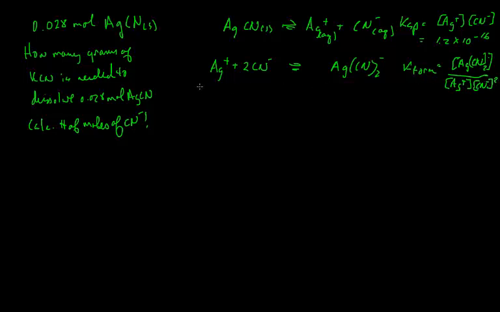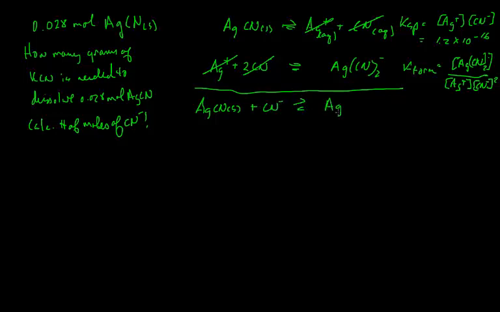Okay, and we can combine these two equilibria, and we can combine these two equations as well. So if we combine the equilibria, the silver would cancel out, cyanide would cancel out with one of the cyanide ions down here, and so you'd have silver cyanide solid plus cyanide ion in equilibrium with silver cyanide.